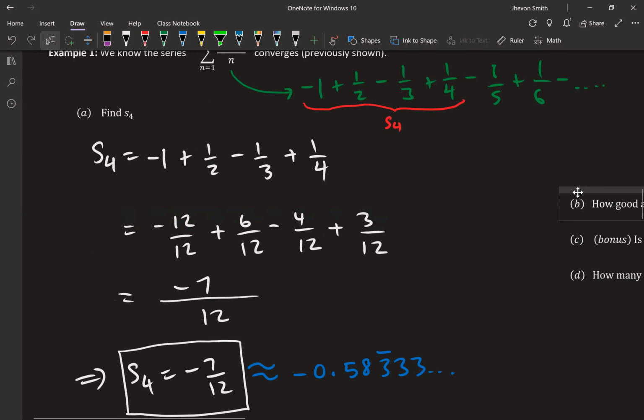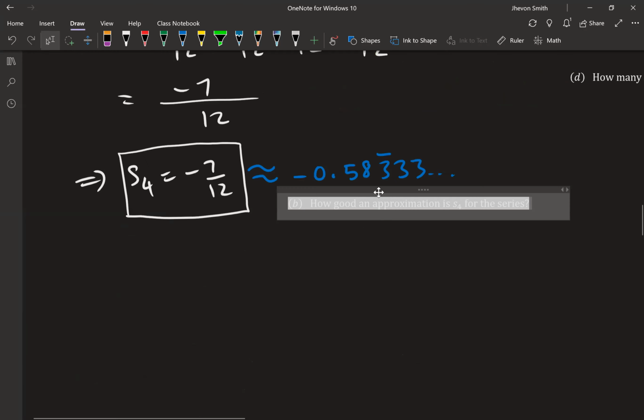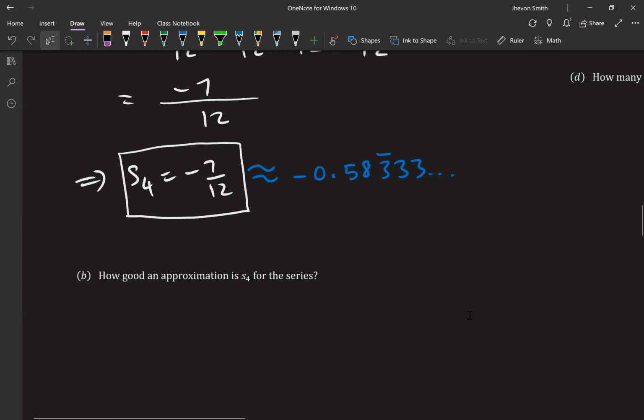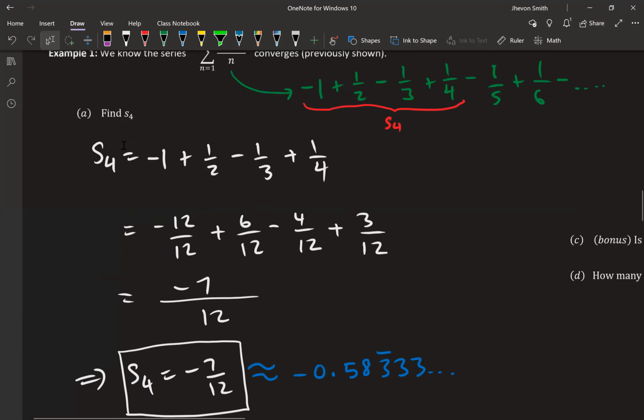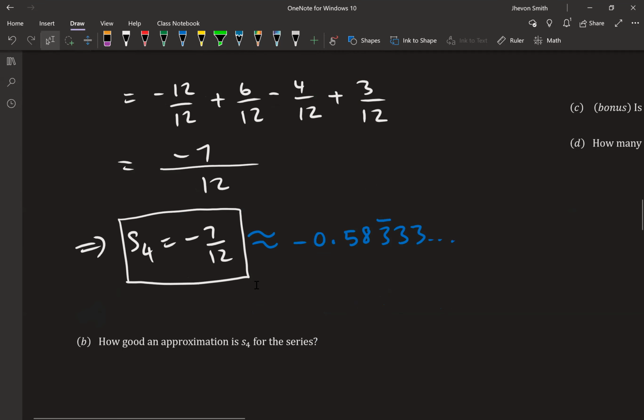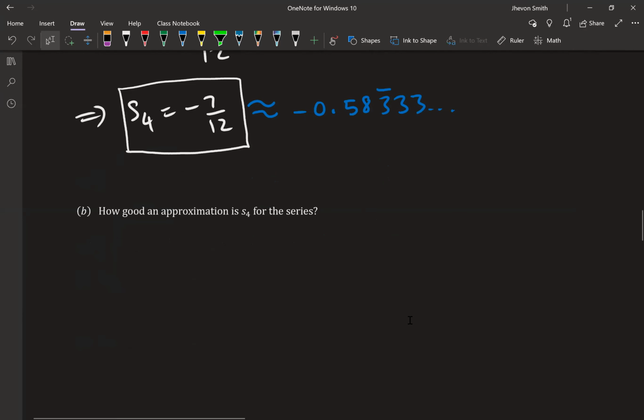Now here's the question: how good an approximation is S4 for the entire series? If I were to add up an infinite number of terms, how close would S4 be to the actual answer? If I use this as an estimation for the series, how good is it?